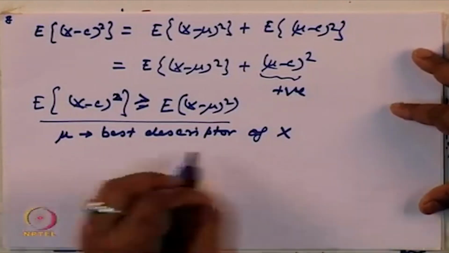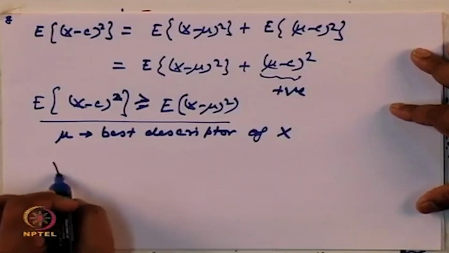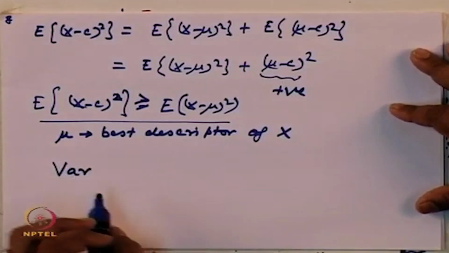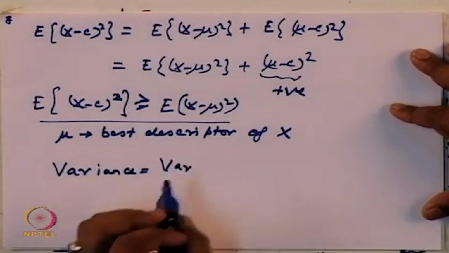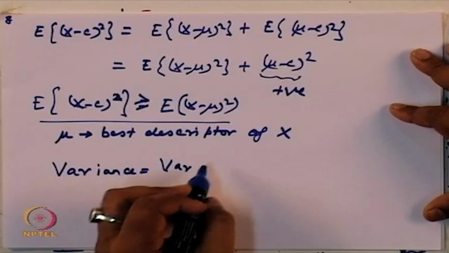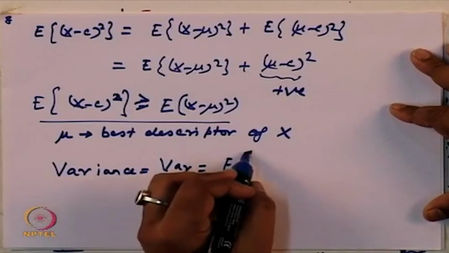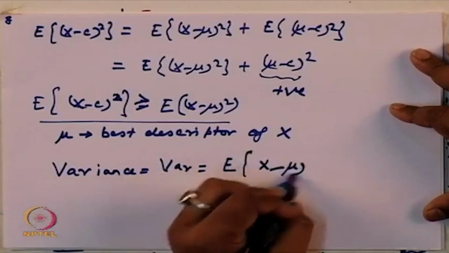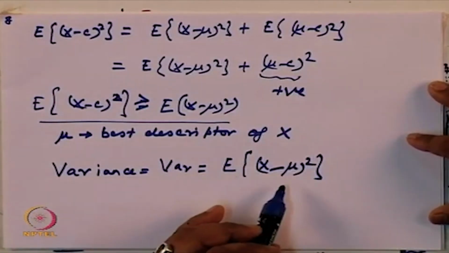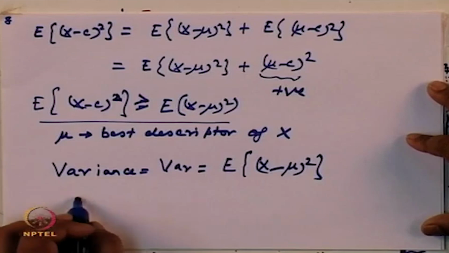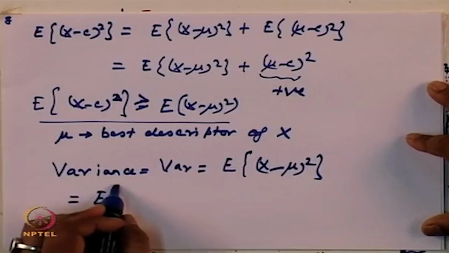So, while we have defined this, we can also define variance. Okay. Variance is defined as expectation of x minus mu whole square. So, I can expand this.